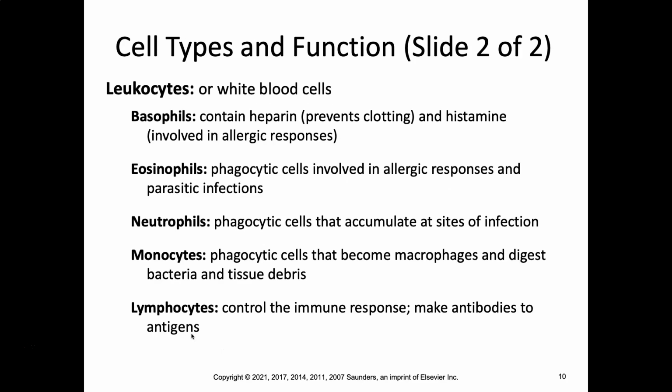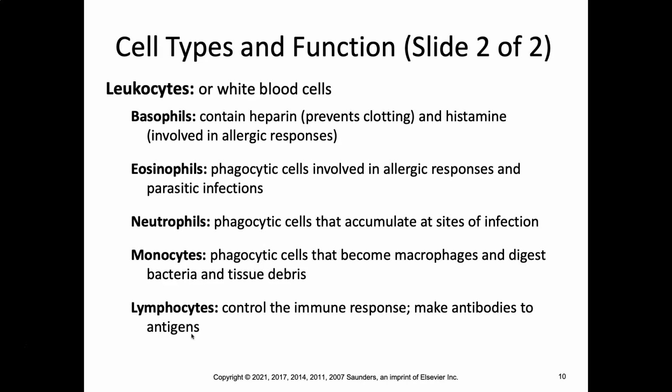All right, we're going to talk about leukocytes, or white blood cells, first. They are made up of basophils, eosinophils, neutrophils, monocytes, and lymphocytes. They each have their own task, so to speak. Your basophils have heparin in them that prevents clotting, and histamine that's involved in allergic reactions.